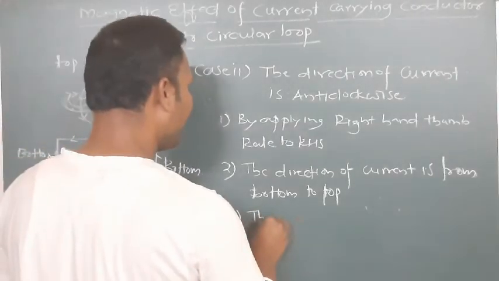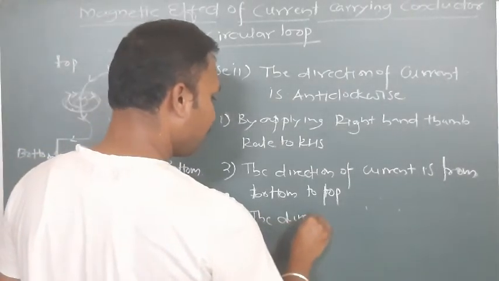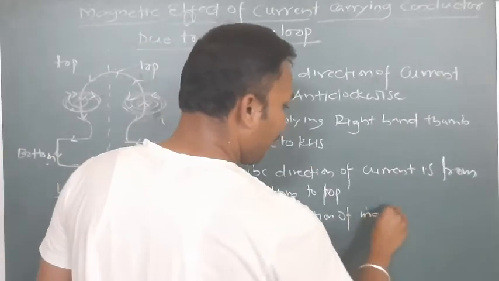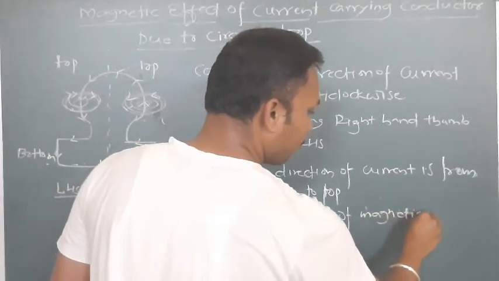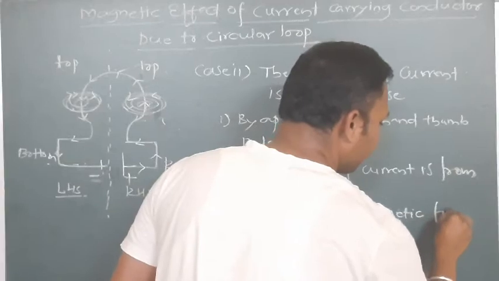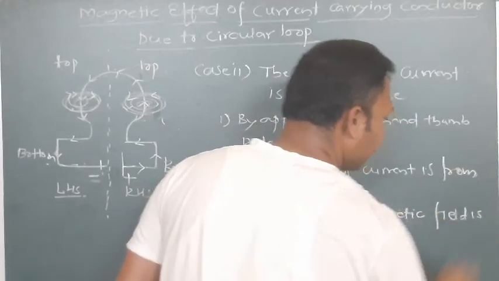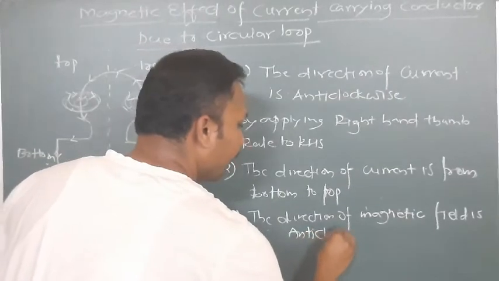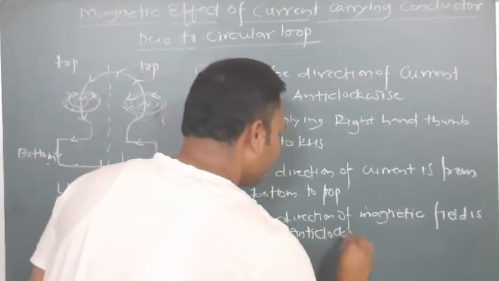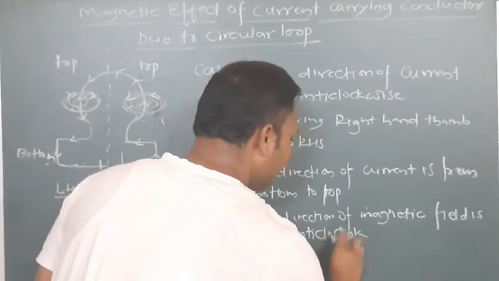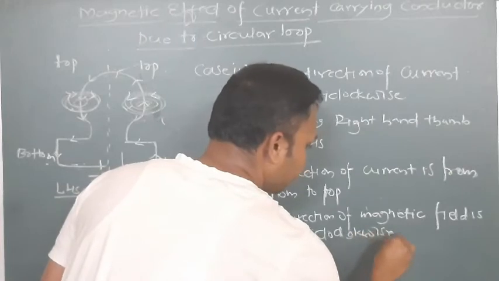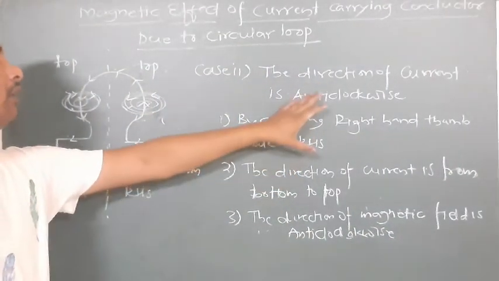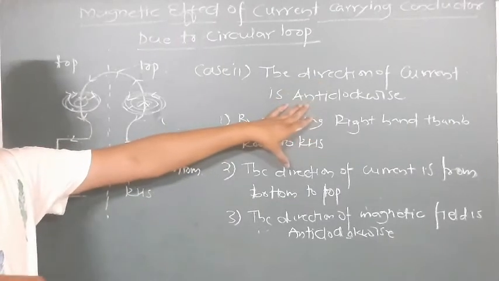The direction of magnetic field is anti-clockwise, we can say.